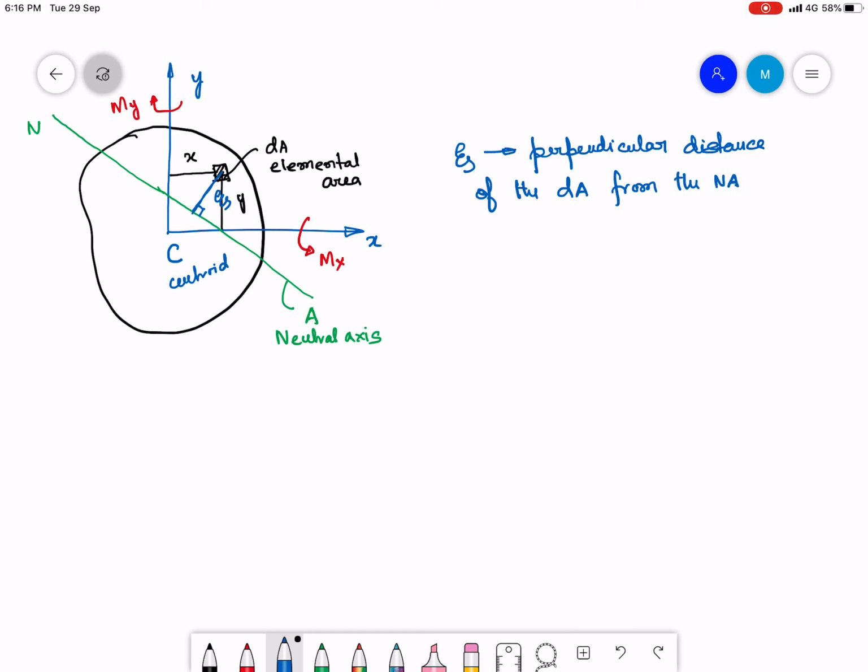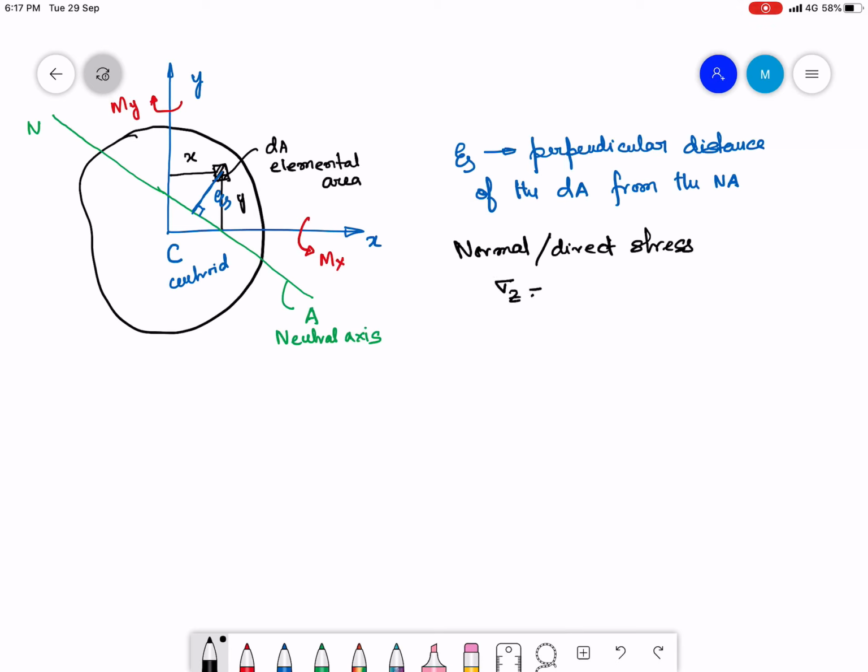Now the normal stress produced in the elemental area, sigma z, can be written as follows. The normal or direct stress at dA is sigma z.